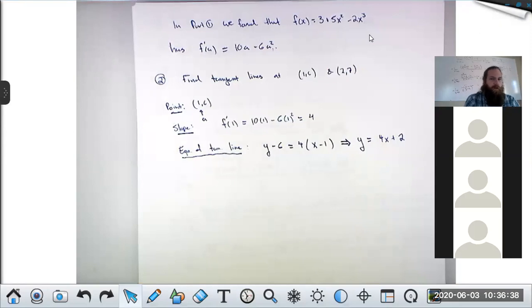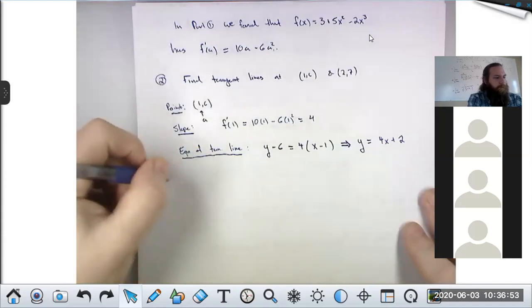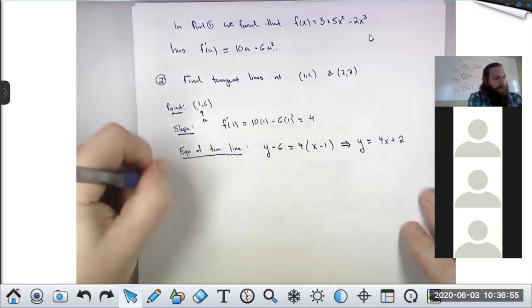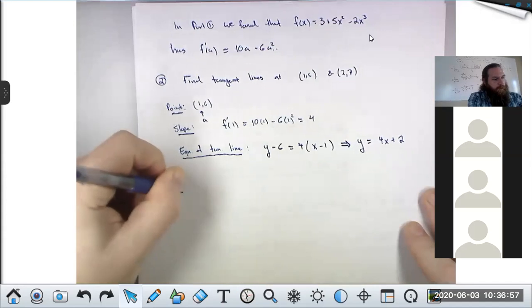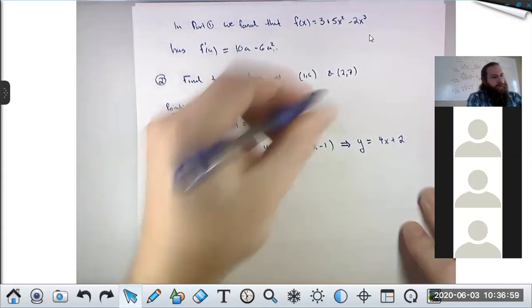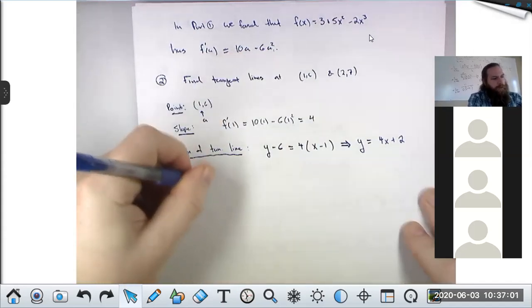Any questions on how I'm coming up with this? If not, then I'm going to continue to the second point, which is 2 comma 7.